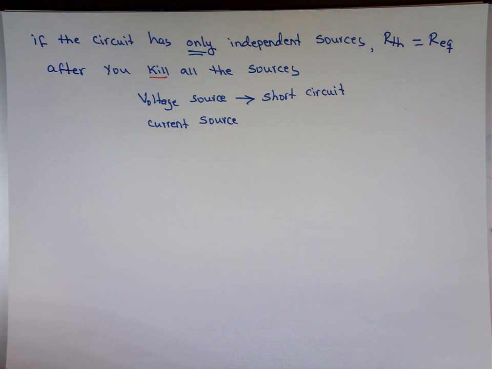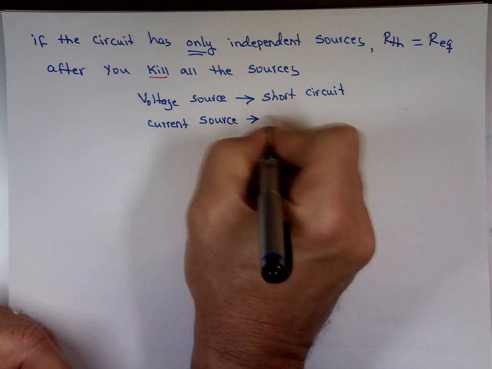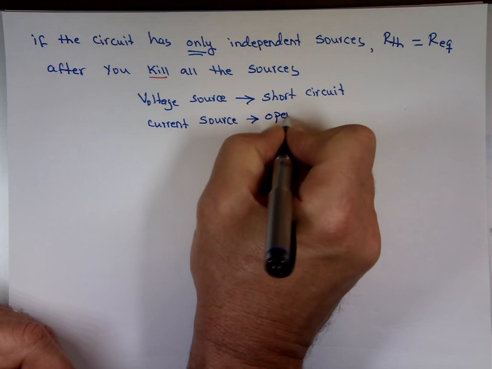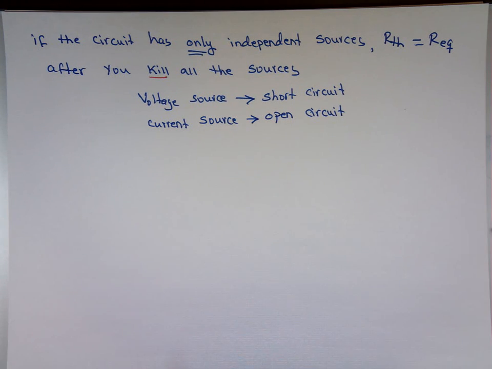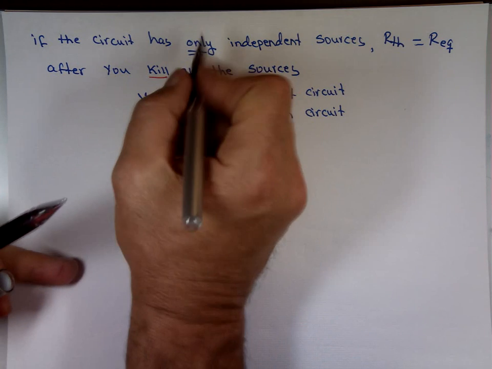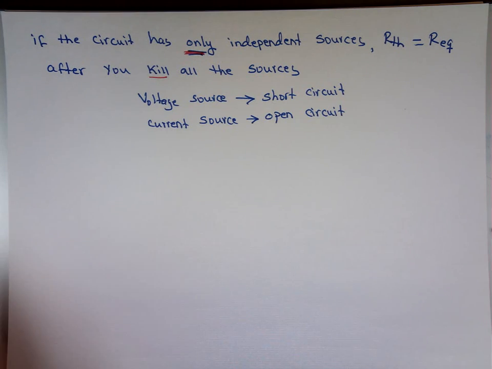So how do you make it no current going through it? By making it an open circuit. So that's how, if the circuit has only independent sources. If it has independent and dependent, I'll change the rule.